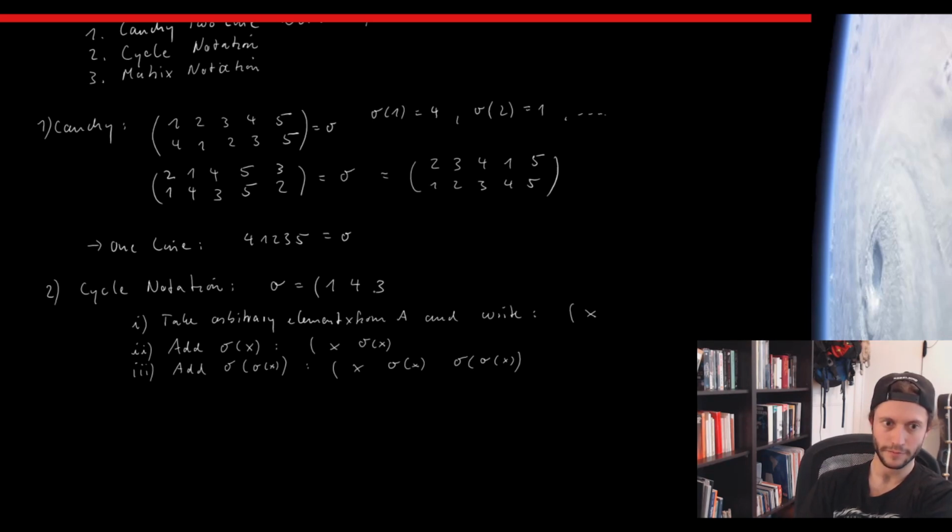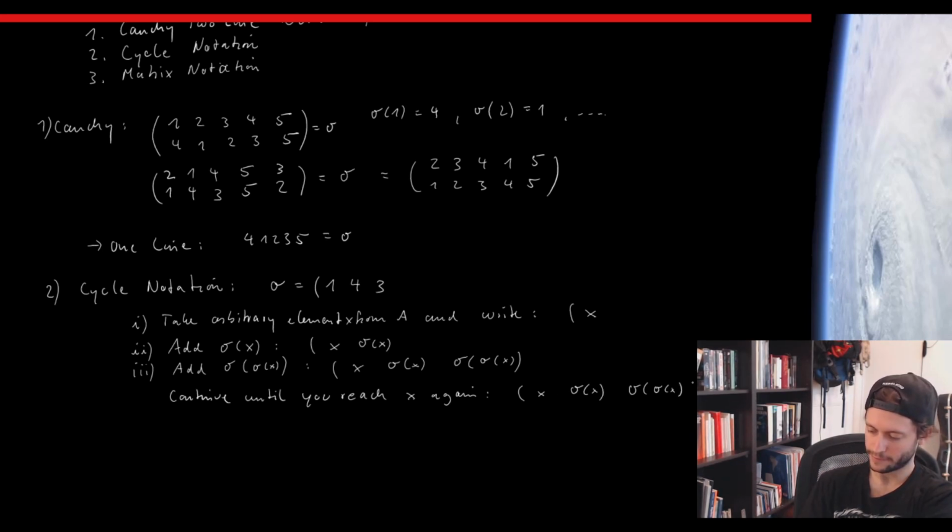Now you continue until you reach X again. That would be X, sigma of X, sigma of sigma of X, and so on.